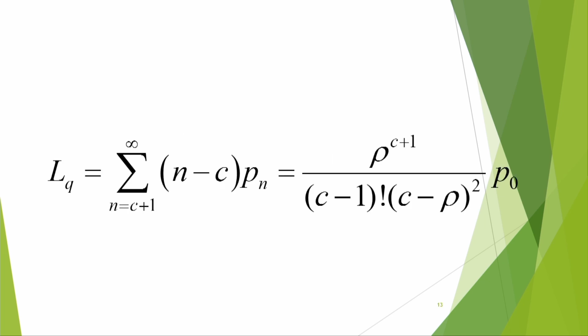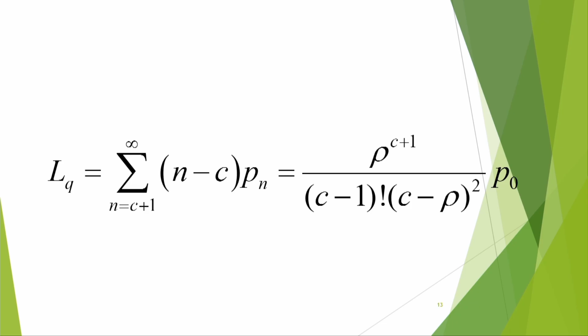And then of course, if I want to find out Lq, the queue length, basically N is equal to C plus 1, because if there are C customers in the system, then there is no queue, because each one is getting service. There are C stations, and each customer is standing in front of one of those stations. But if this is more than C, then there will be waiting.